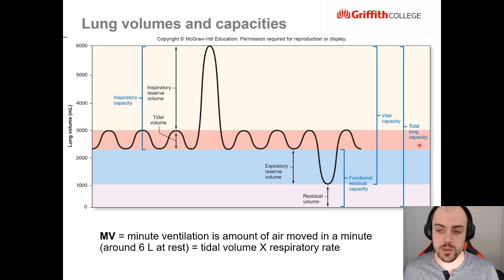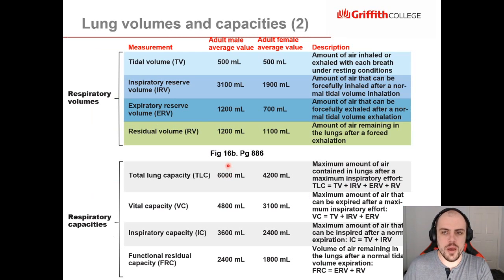The total lung capacity, TLC, is looking at the full volume of air in my lungs total, including this lung capacity. Now, what we see here on this page is looking at our respiratory volumes and our respiratory capacities.